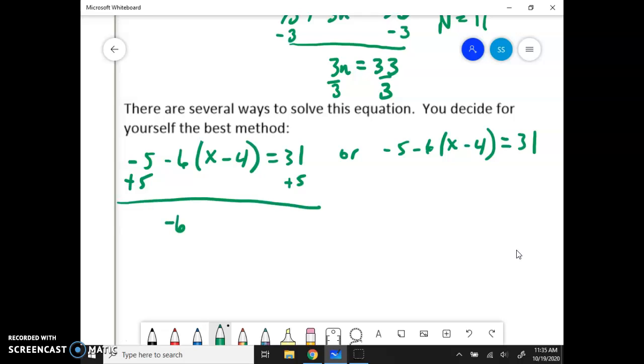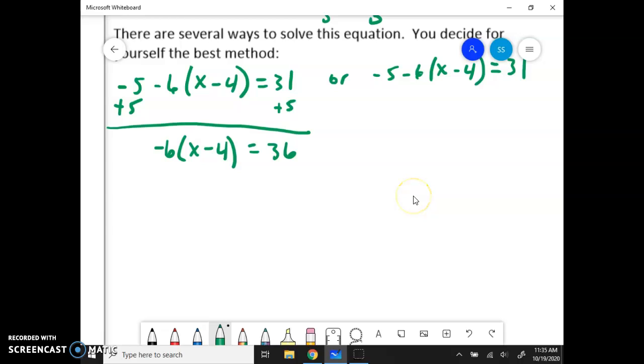And we're left with -6 times x minus 4. Let me rewrite that. Is equal to 36. And then we would distribute out this 6. So we get -6 times x, which is -6x, and -6 times -4, which is +24.